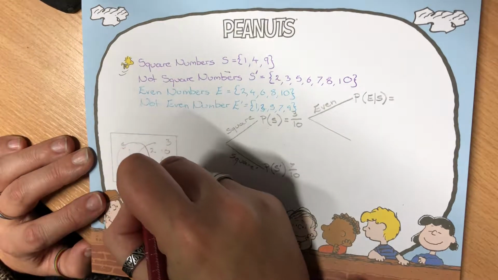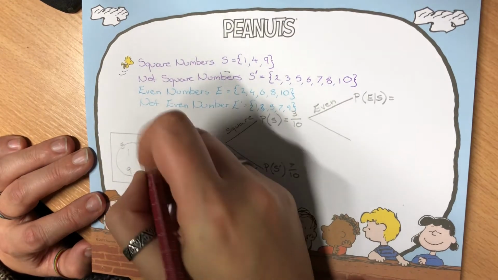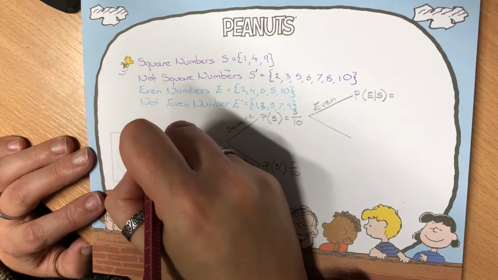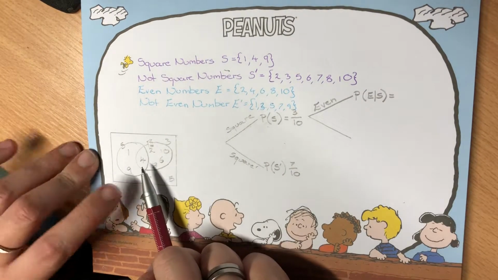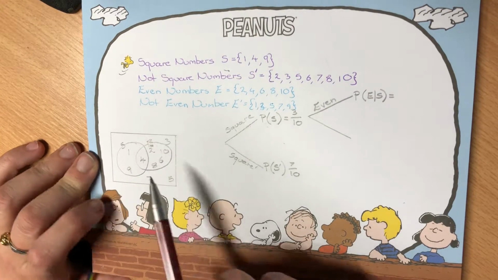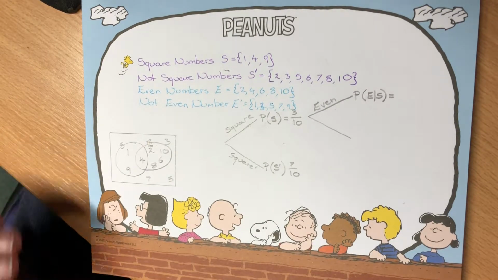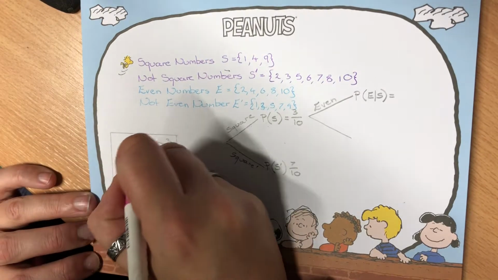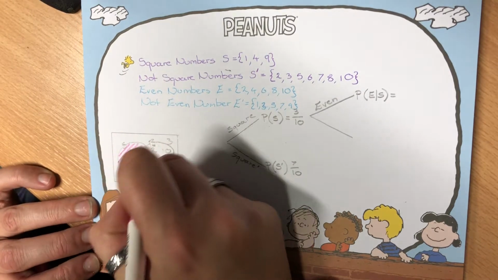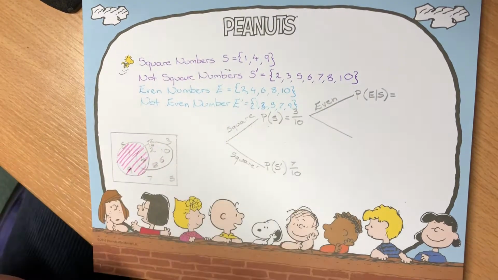So on a Venn diagram, we end up with a set that is even. So the probability that it is even, given that it is square, basically tells us that we are looking at the bits that are just in the square section.